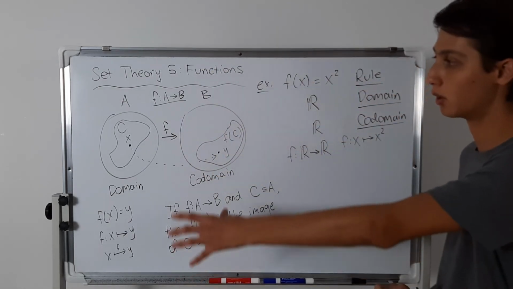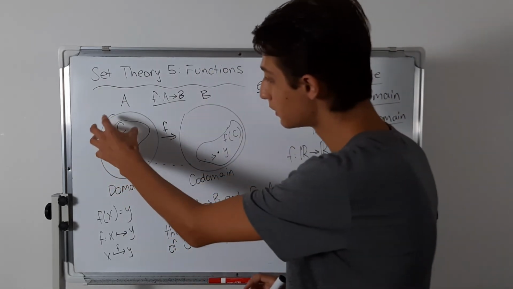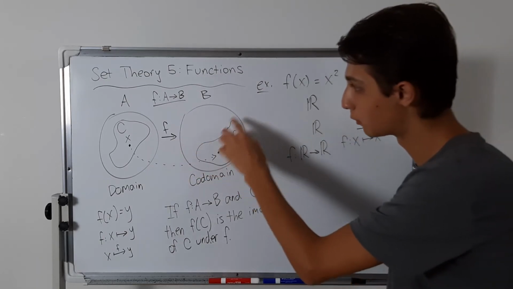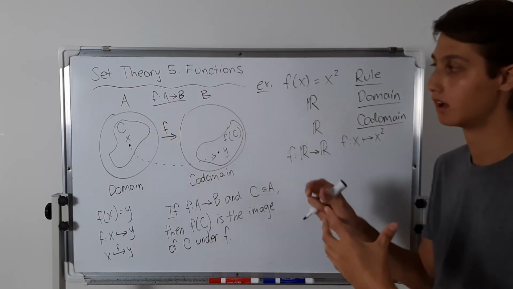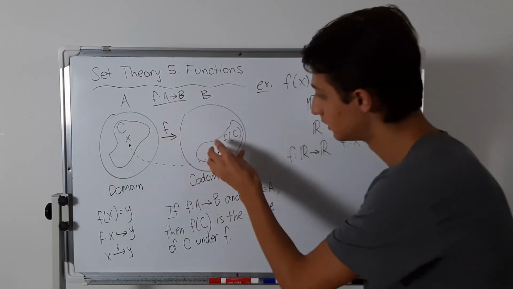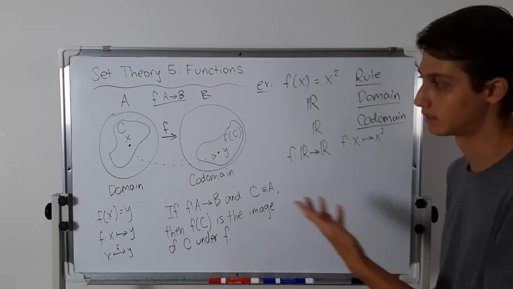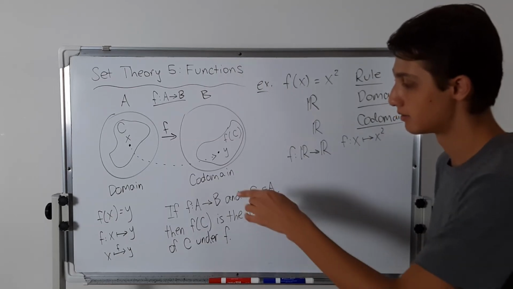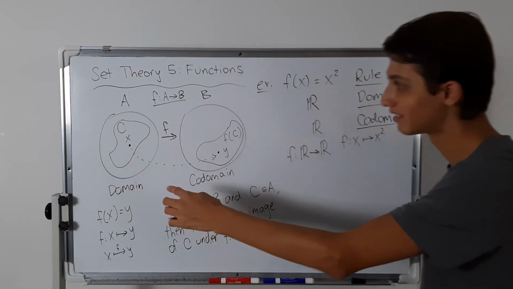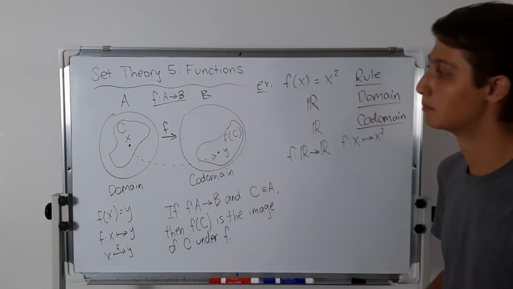Okay? So we take C and map it to f of C through the function f, and this is the outputs of that particular choice of restricted domain. That's a subset of the domain, and we see what we get out from that. And that's all the image is. Now, if C is equal to A, if that subset is the entire set, then we in fact get out B.